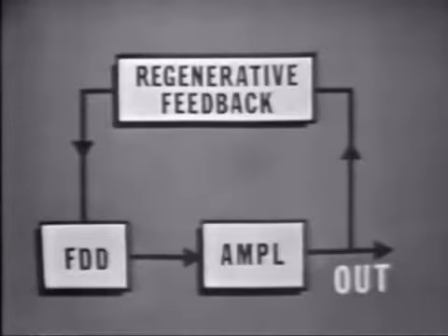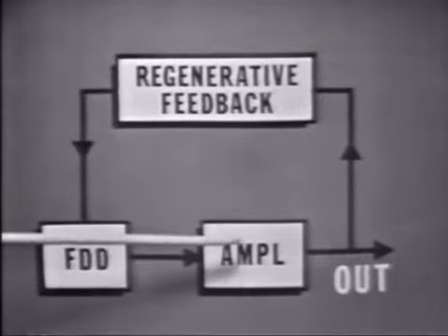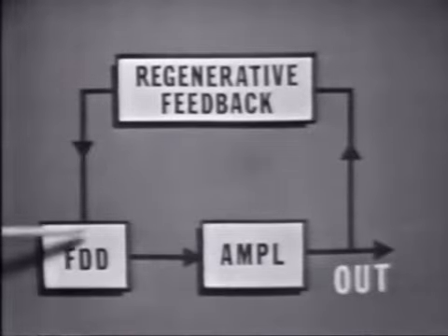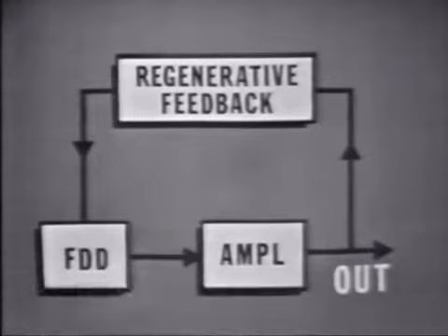Now, the way this is usually accomplished is through an amplifier. The frequency determining device provides an input to the amplifier. The amplifier must provide enough gain so that part of the output can be fed back to the input LC circuit to sustain oscillations, and of course, provide enough signal for an output.